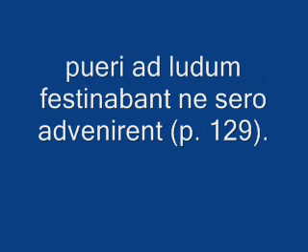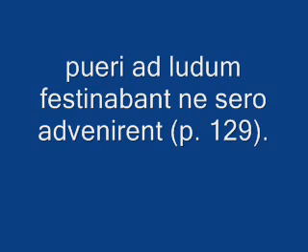And let's just quickly look at a negative one with ne, number 6 in 34.5. Pueri ad ludum festinabant, ne sero advenirent. Again, if you were to cover that last NT in that sentence, you'd see, oh, that's an infinitive with the personal ending. It's imperfect subjunctive.